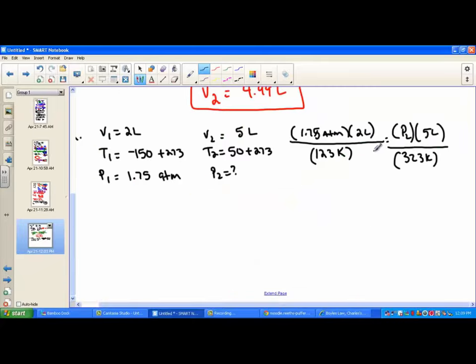Solving for P2, start on the side without the variable.